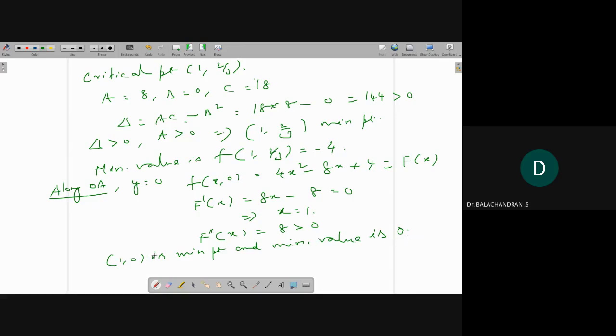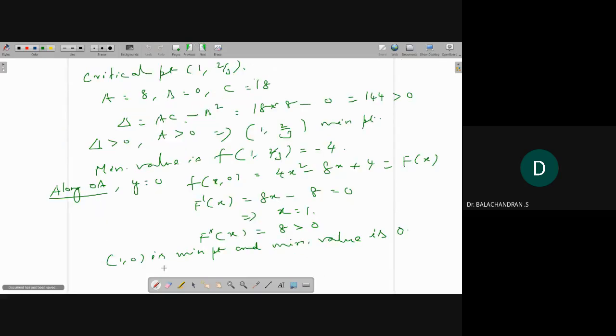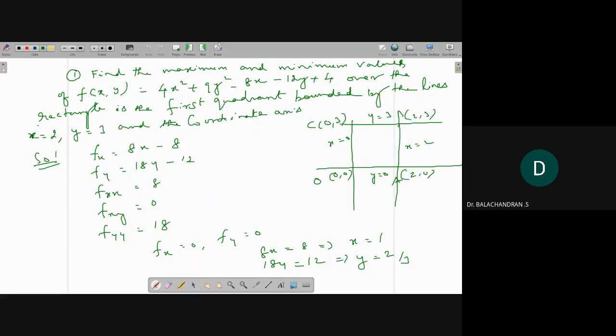Okay, now after investigating through the line, now you find the corner points 0 comma 0 and 2 comma 0. Now f of 0 comma 0 is 0 and then f of 2 comma 0.